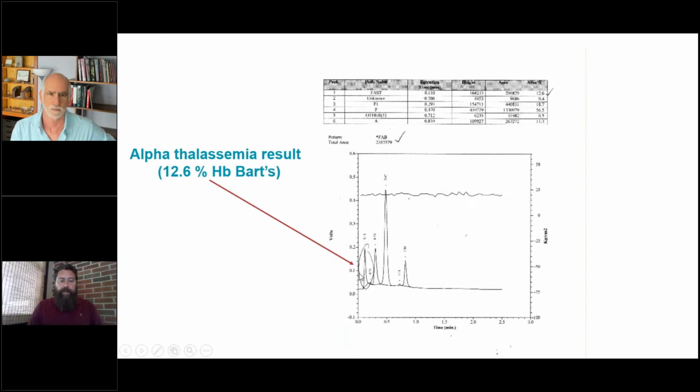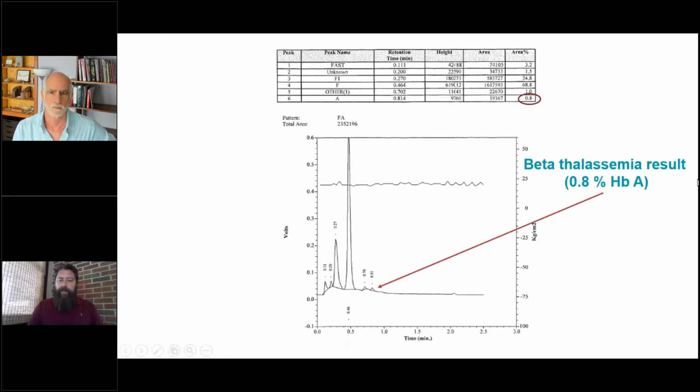And on this one, the BARTS is the very first peak that comes off, and this has a BARTS that is moderately elevated, and they show up in the chart above here with all the percentages of the other hemoglobins.